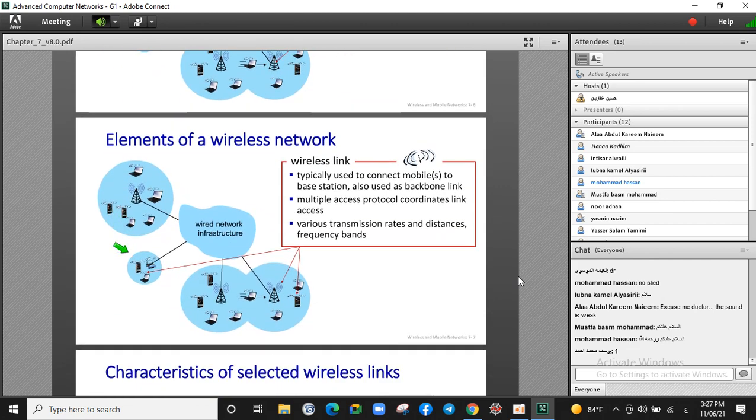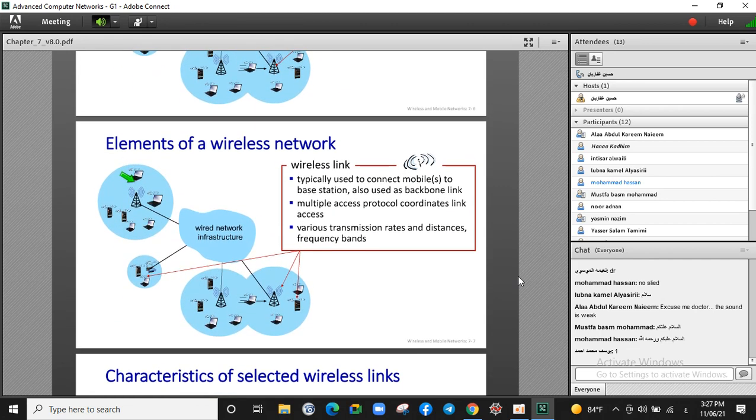and the other main element in a wireless network is the wireless link. I need a wireless link to connect a user to the base station. And maybe sometimes I can connect two base stations using a wireless link.